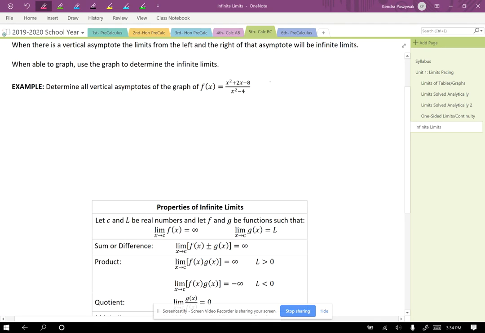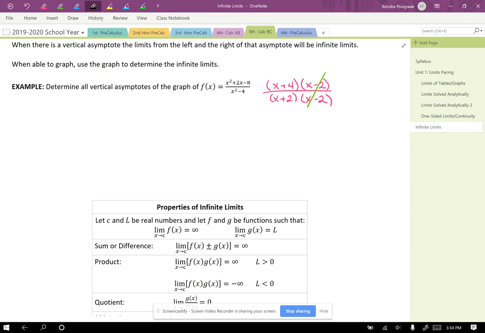The numerator can be factored as x plus 4 times x minus 2, and the denominator can be factored as x plus 2 times x minus 2, because it's a difference of squares. So we have a hole at x equals positive 2 because that cancels out, and we should have a vertical asymptote at x equals negative 2.